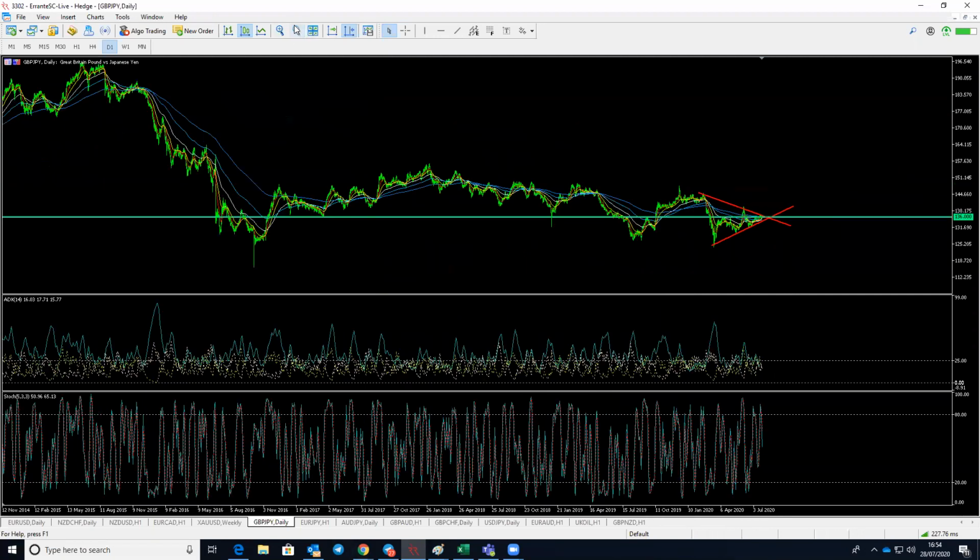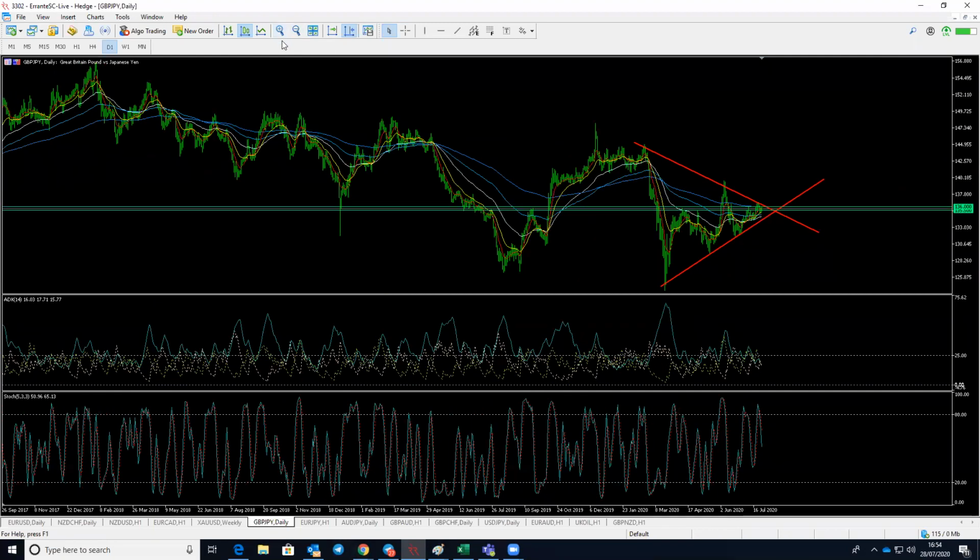In general, what we can see is a lot of sideways movement here, and we've still got the most recent higher highs right here. We need higher lows and also higher highs to look into the upside.